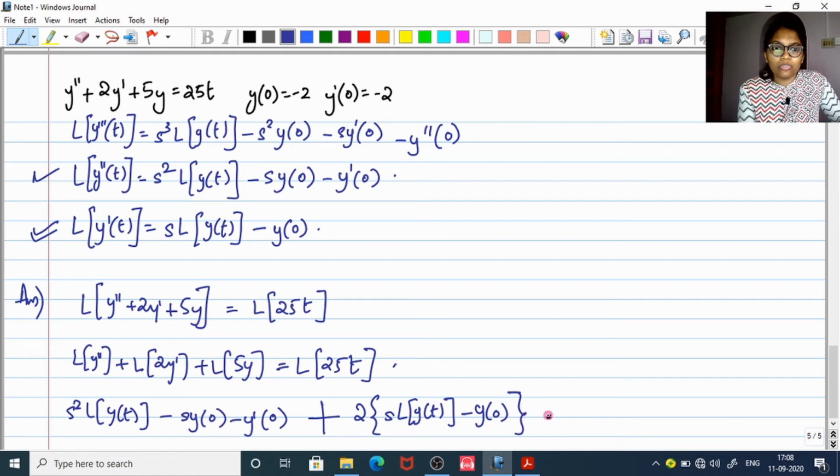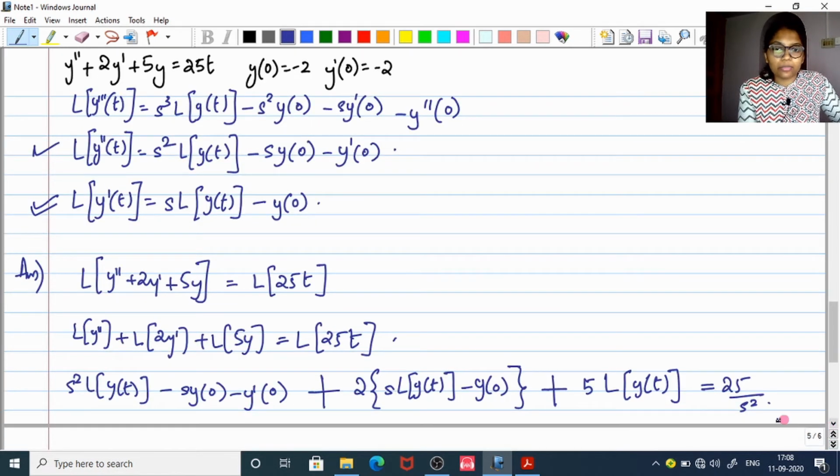Go for a bigger summation sign, take this 5 outside, now you will have Laplace of y of t. Equal to RHS Laplace of 25t: 25 into Laplace of t is 1 by s square.